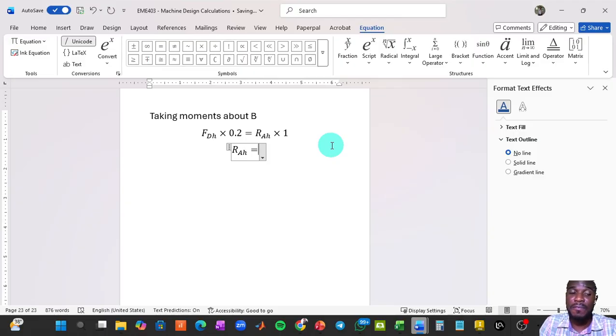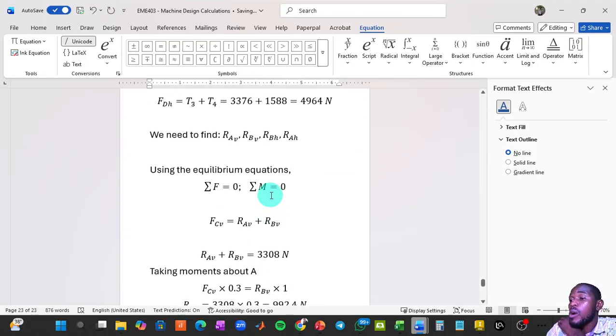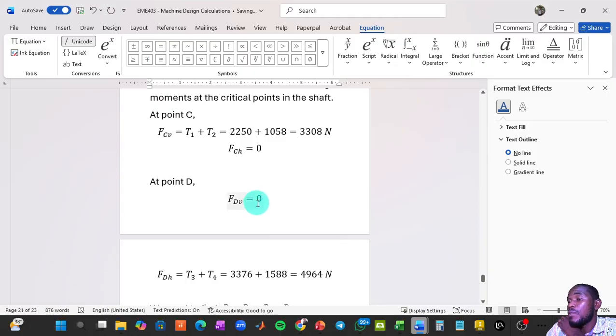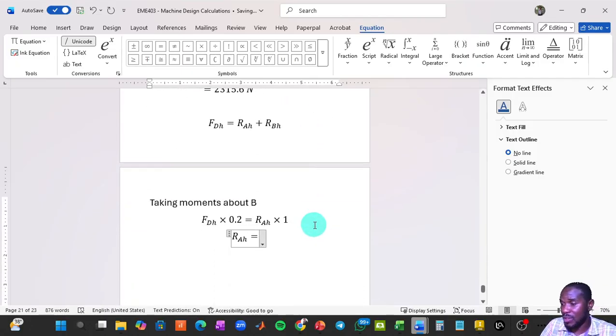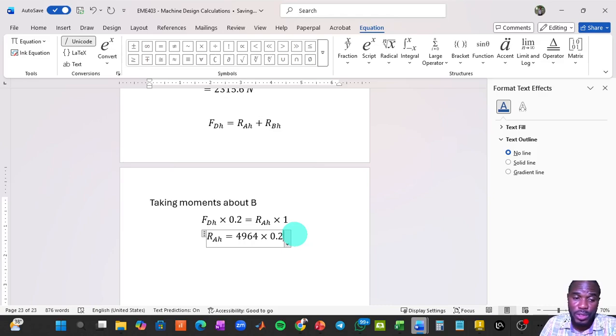The value of FDH, where's my FDH? FDH is 4964. So this is 4964 newtons times 0.2. Okay, and what would this value be?